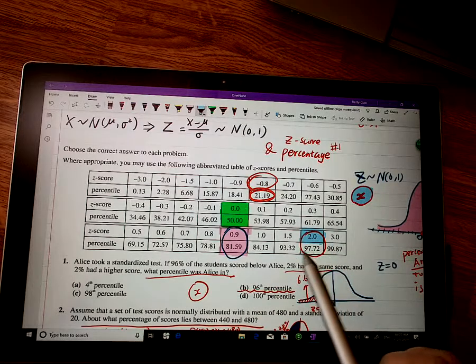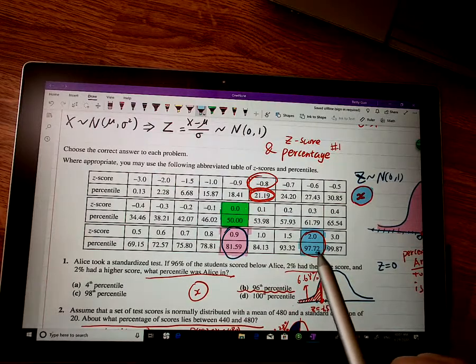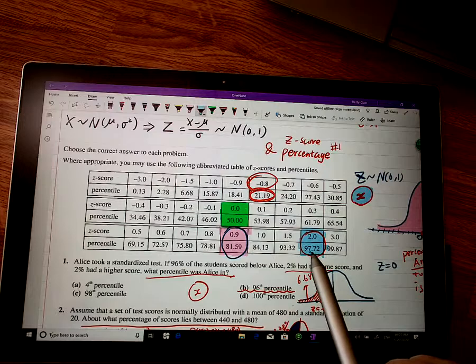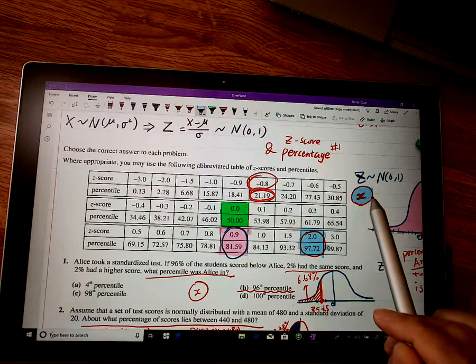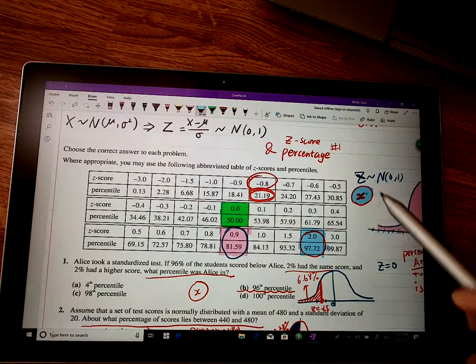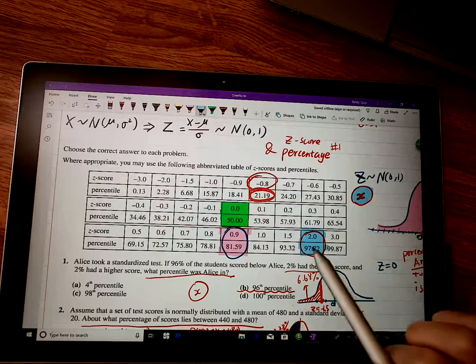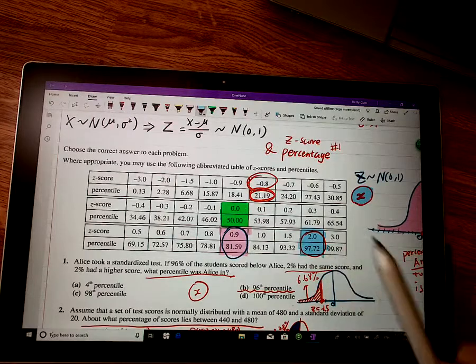By the table, the corresponding percentile is 97.72%. That means in the population, about 97.72% of values are below your score. Then it gives you an idea where your score stands in the population, right? Very top. Your score is on the top in this case. Does that make any sense?